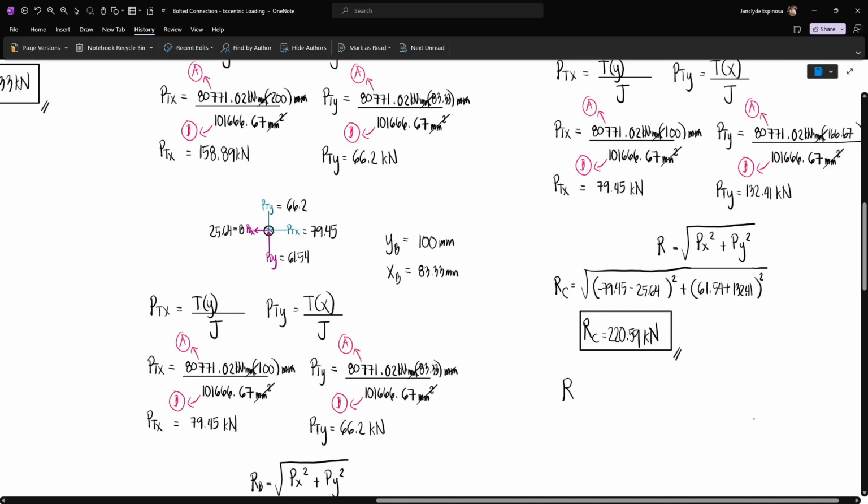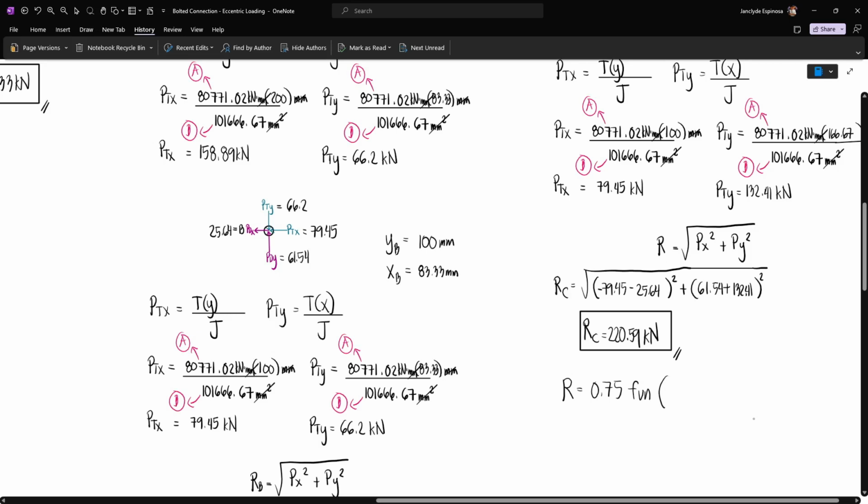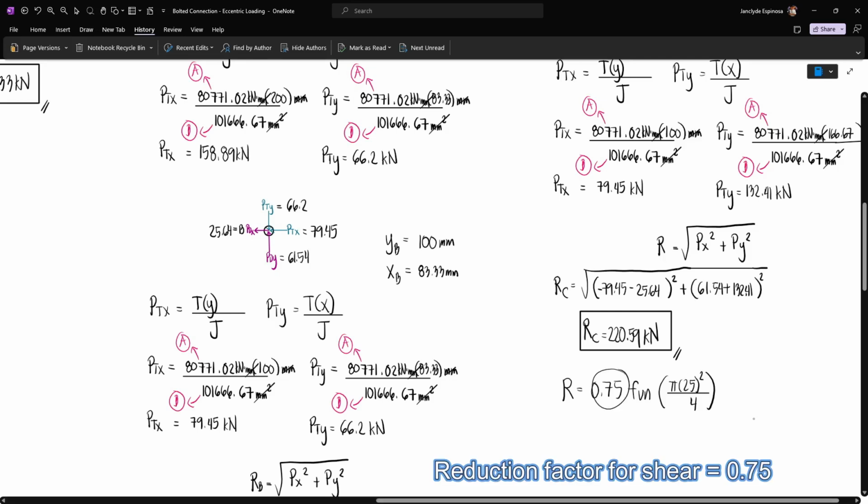R is equal to 0.75 FVN, wherein FVN is the shear stress multiplied by the area. So this area is pi times 25 squared divided by 4. This is the diameter of the bolt. And then this is only our reduction factor. So this is now 220.59.